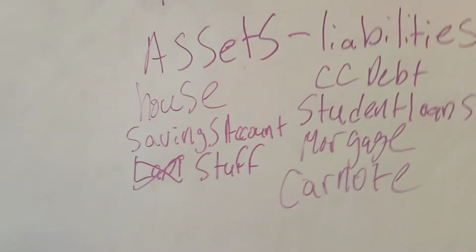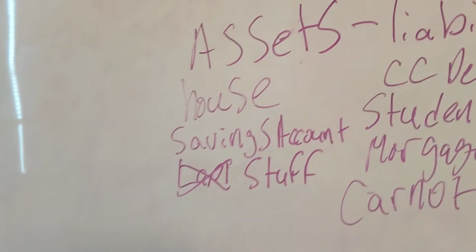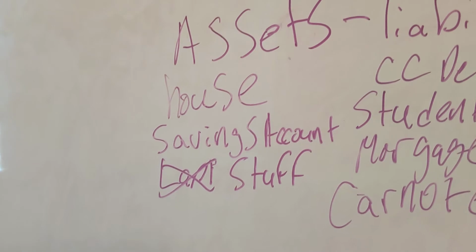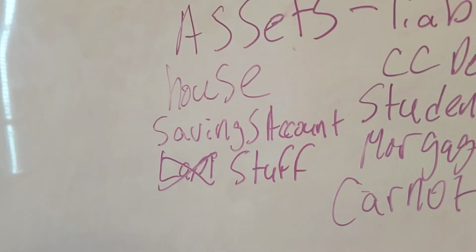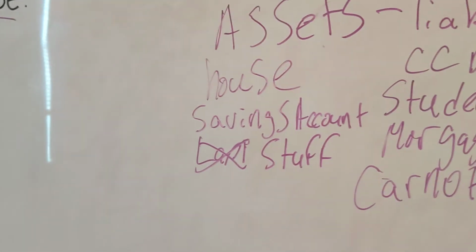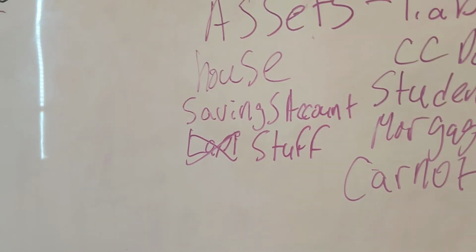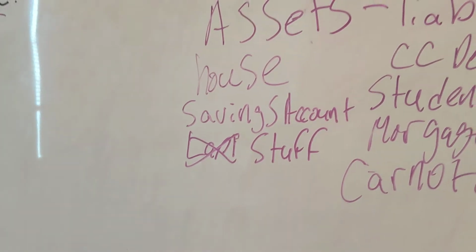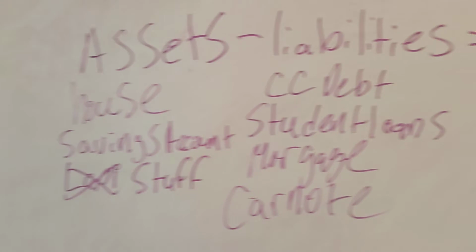So this one, the big ones are your house, your savings account, and then just your stuff in general. So some of these go hand in hand.